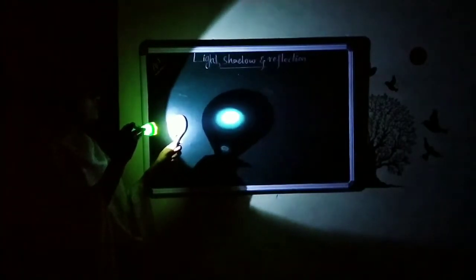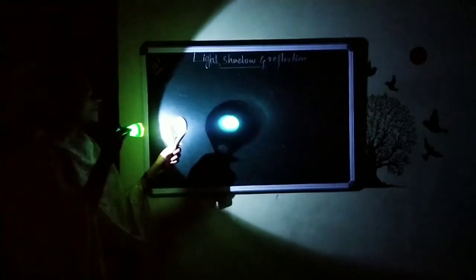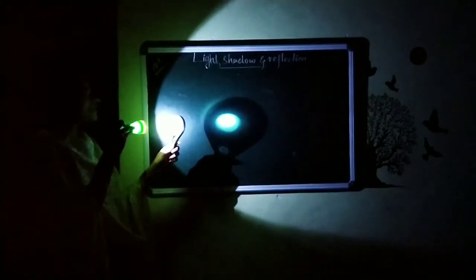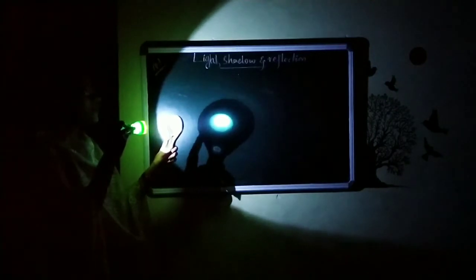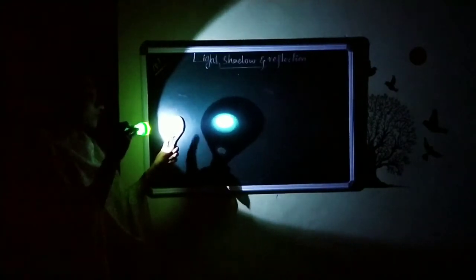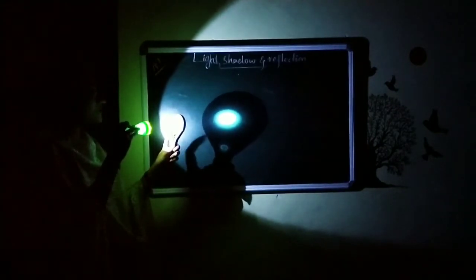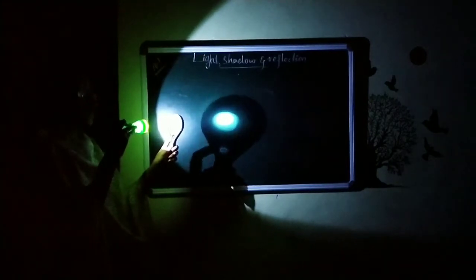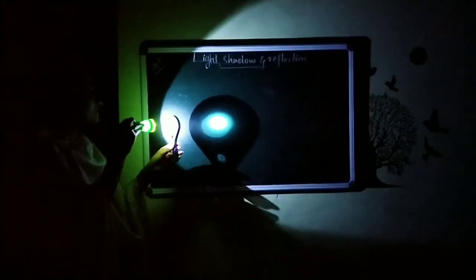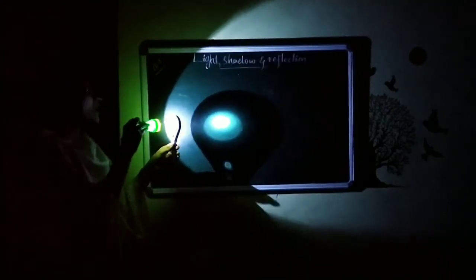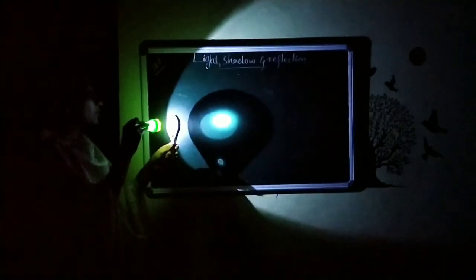And when you look at the board, it is very clear that the transparent material does not produce shadow, but the opaque substance produces shadow. That means the frame of this lens is nothing but opaque substance. So you can see the shadow of the opaque substance is produced on the blackboard, and no shadow is produced by the lens. So this is the output of our experiment.